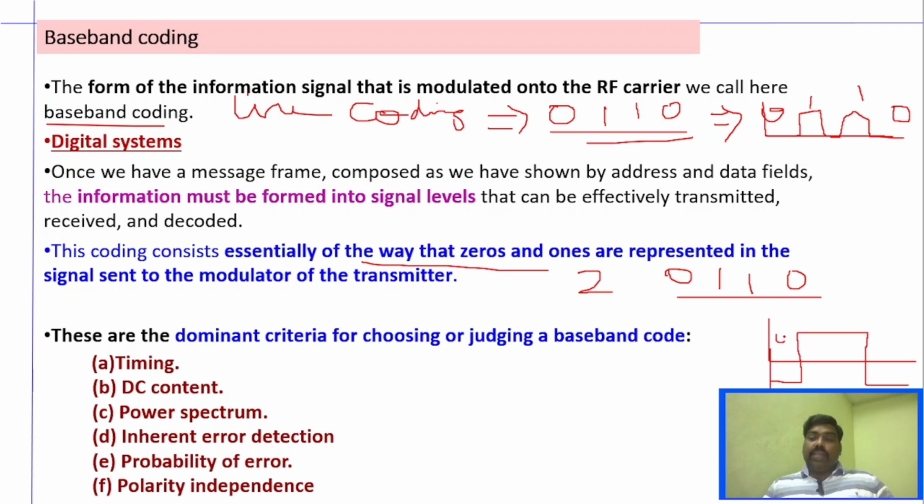For 0, there is minus voltage, minus A, and this is plus A. And for 1, there is plus voltage, and for 0, it's minus voltage. Now, coming to signal level here, the signal level is 2. The signal level is 2, and the data level is 2. The data level is 2 because it is binary data, 0 and 1 only. And here, the amplitude is only 2. That is, it is either A or minus A.